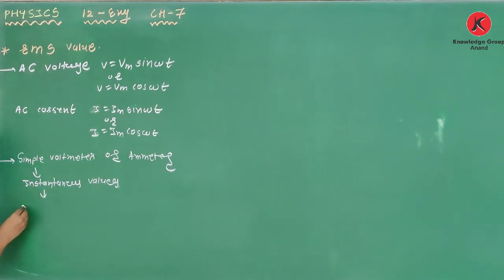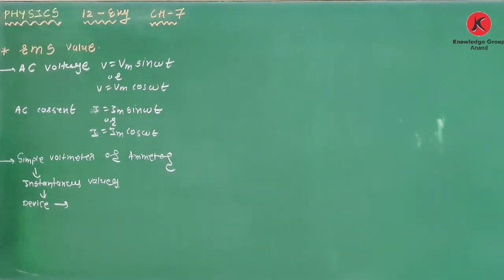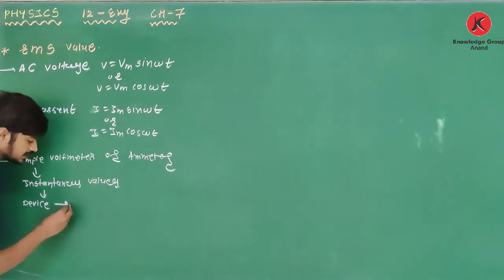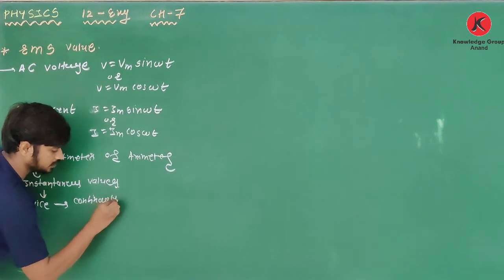Means the meter is continuously changing its value. It will continuously change its measurement. So yes, the device will measure instantaneous value, and it is continuously changing.